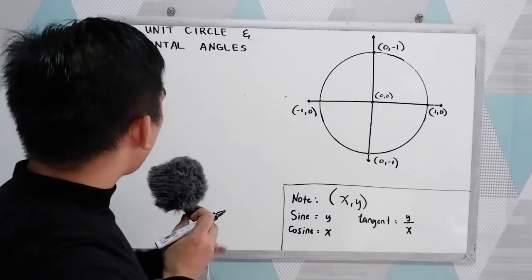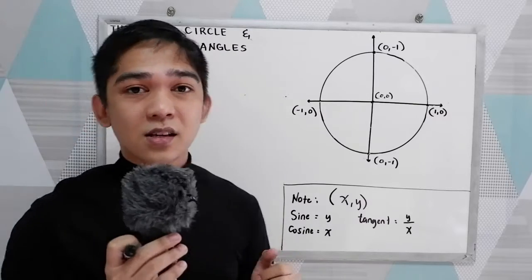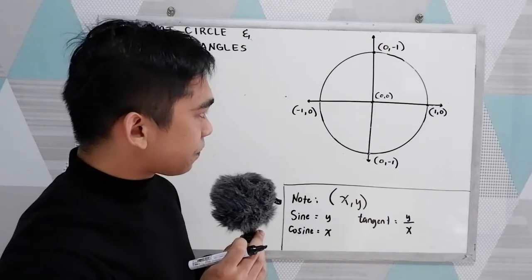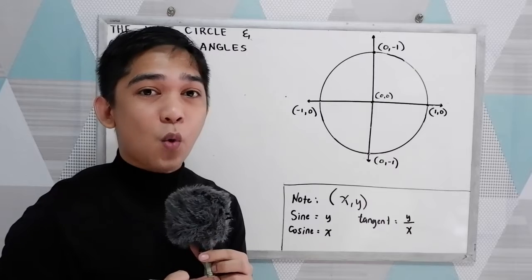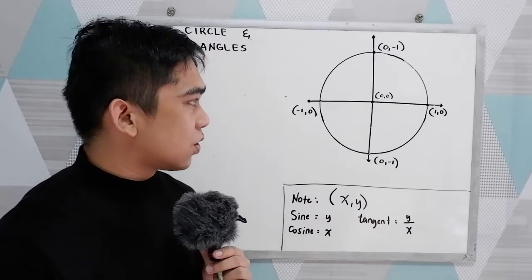Now, recall the definition of quadrantal angles. These are the angles with terminal sides located in the x or y axis. So the x-axis, our angle here is 0. Y-axis, we have 90.